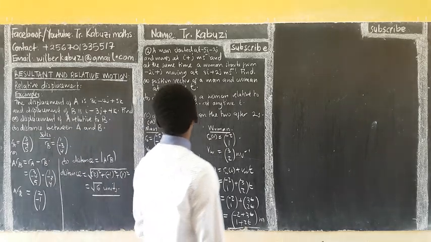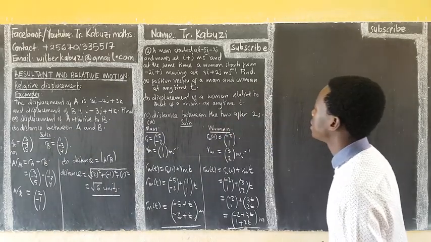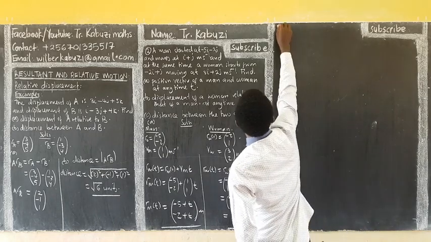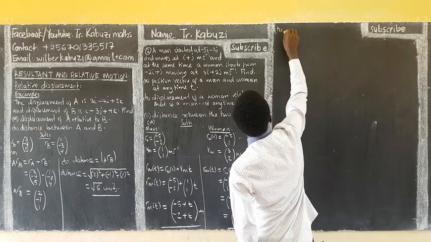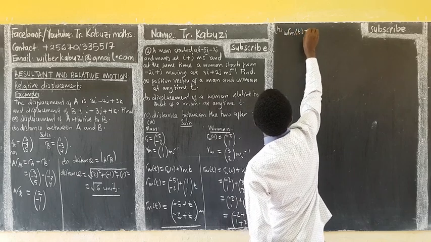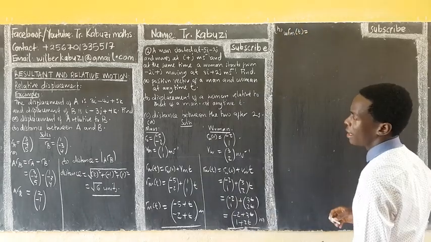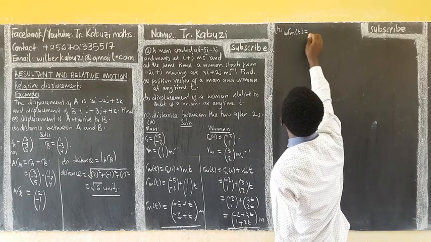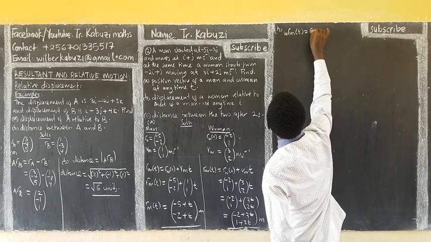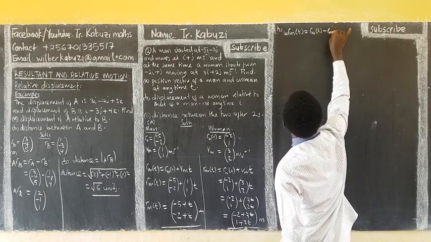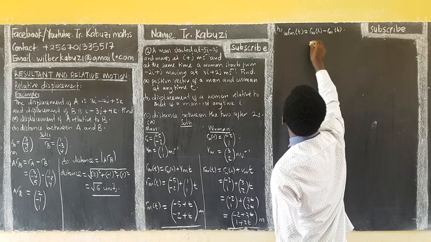Then part B, displacement of the woman relative to that of the man at any time t. So in part B, they want displacement of the woman relative to that of the man at any time t. We say this is going to be displacement of the woman at any time t minus displacement of the man at any time t.